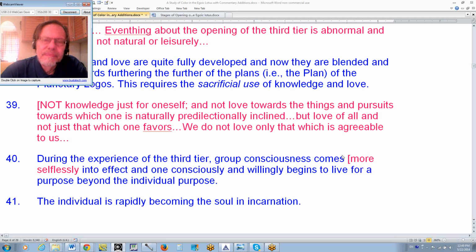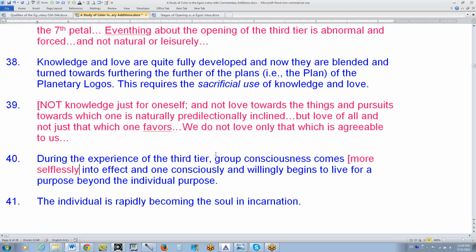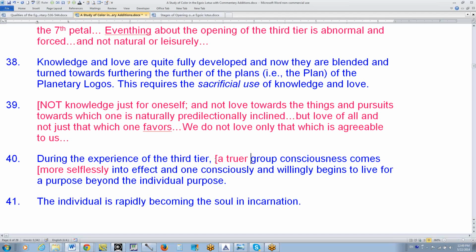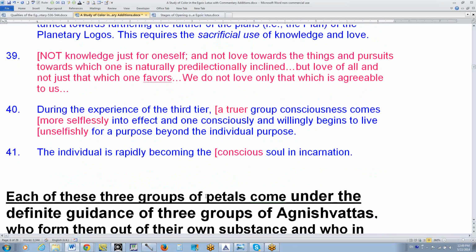So a truer group consciousness comes into effect, and one consciously and willingly begins to live, and I want to say unselfishly, for a purpose beyond individual purpose. At least the initiate of the first degree is being trained to do that, and by the time we have the initiate of the second degree, there is some capability of living unselfishly. The individual is rapidly becoming the soul in incarnation, but let's just say the conscious soul in incarnation.